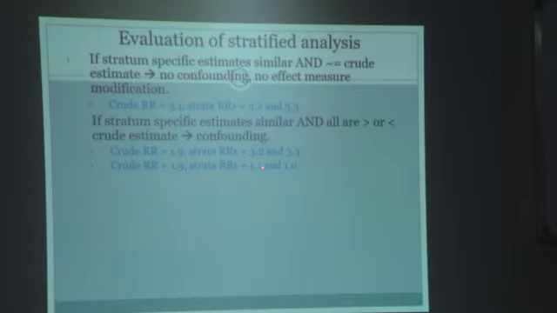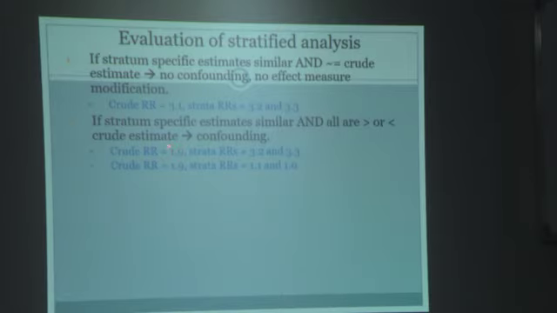In this case, the strata are both different from the crude, and they are bigger. This is only 1.9, and this is 3.2, 3.3. So these two are way bigger than the crude. In other words, if the adjusted one falls in this range, it is likely to be bigger than the crude, the confounded one.